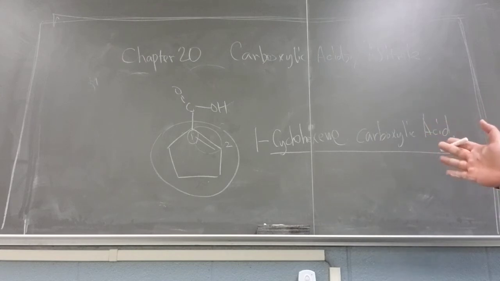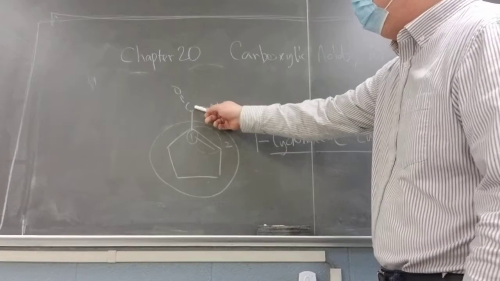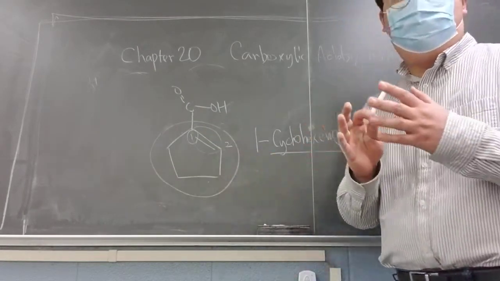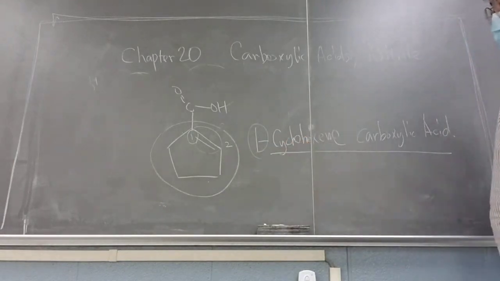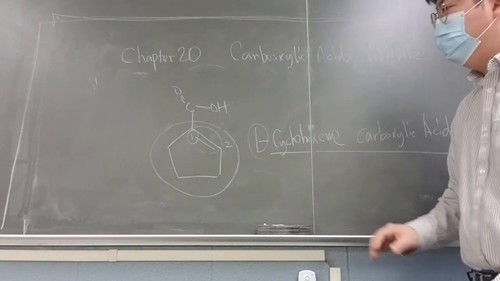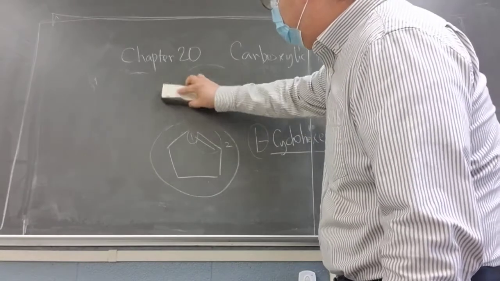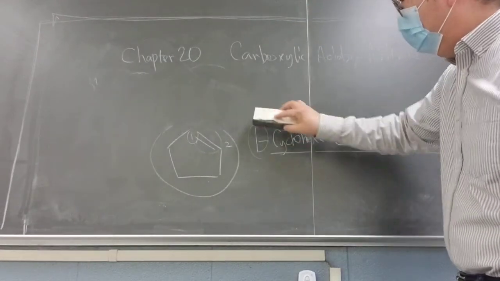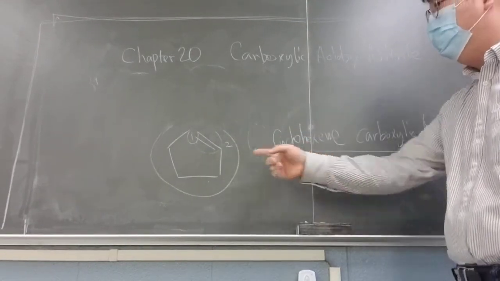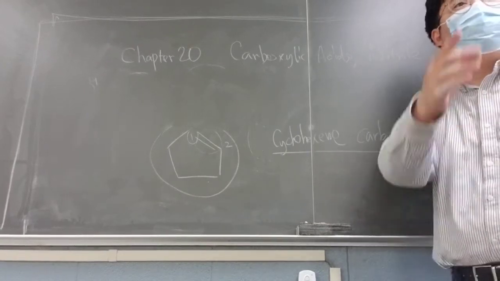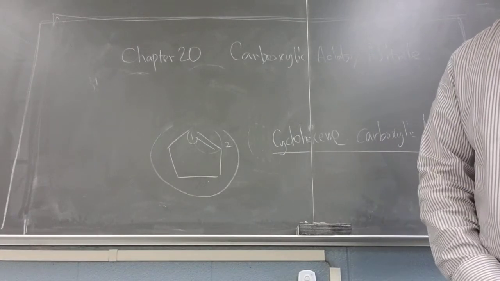Okay, so that's it. Because of the carbons right here, you just need to number your carbon. So if you don't have a carboxylic acid, you don't have to number it because it's automatically 1 over there. Yeah. So is this cyclohexane or cyclohexene?